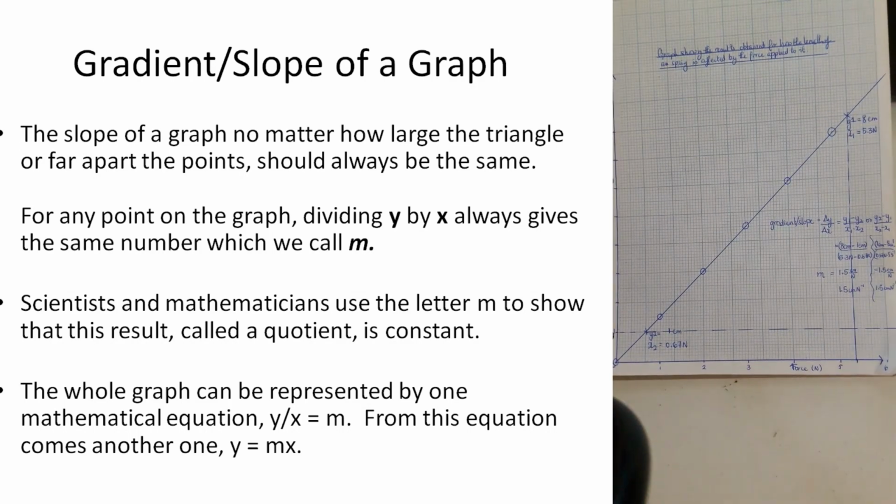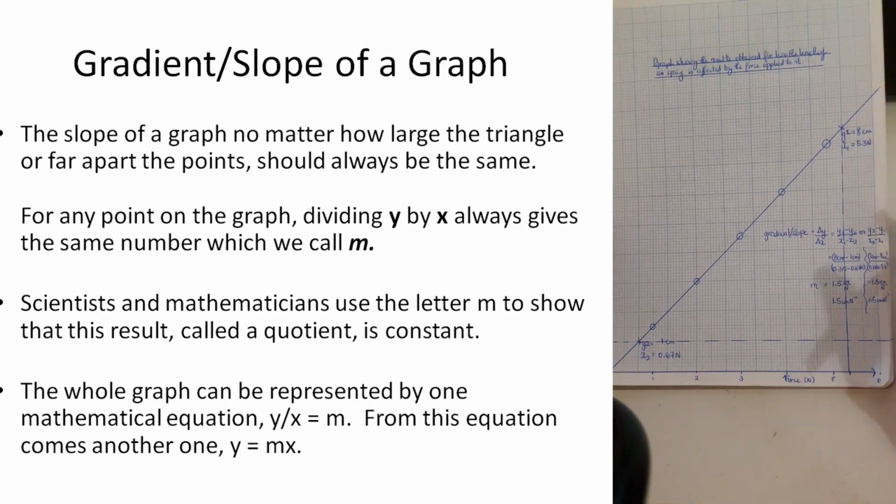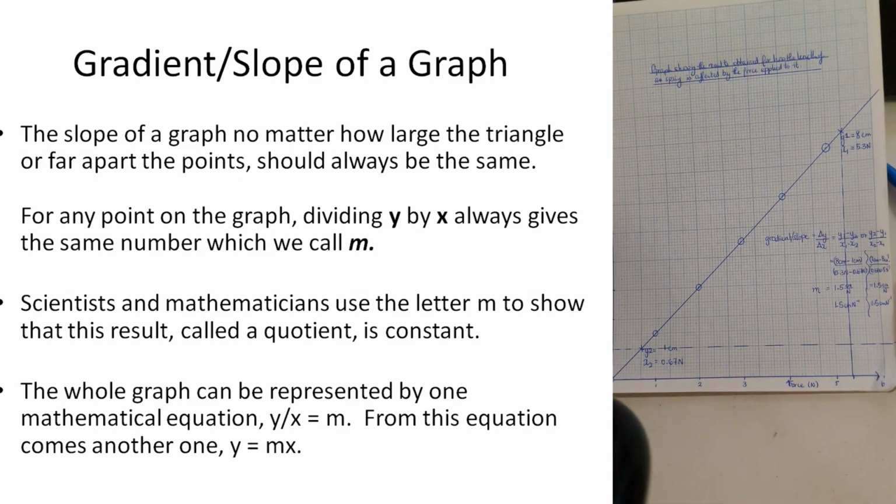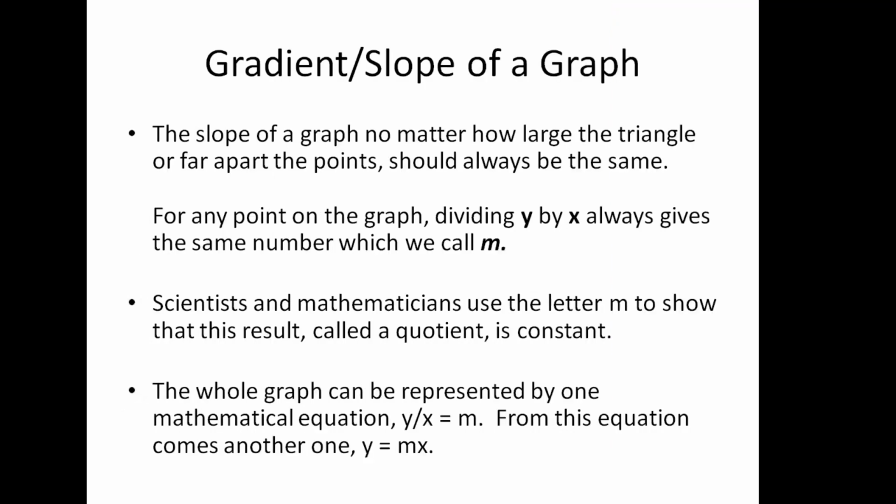Great. Yay. All right, so for any point on the graph, dividing y by x always gives the same number, which scientists and mathematicians use the letter m to show that this result, called a quotient, is constant. The whole graph can be represented by one mathematical equation, which is y divided by x equals m.